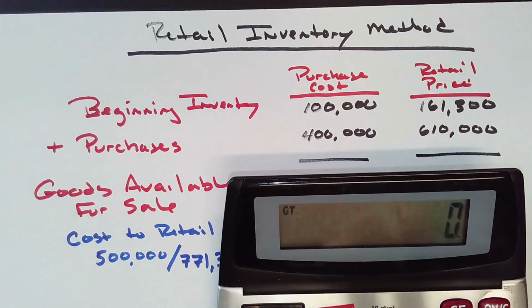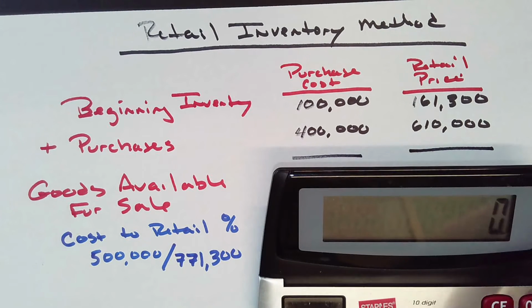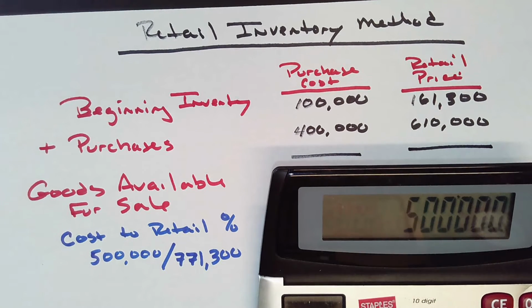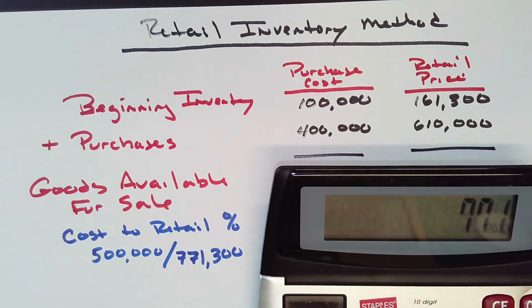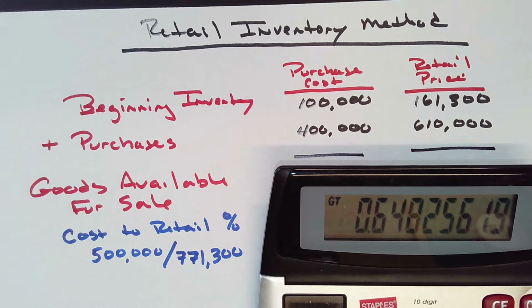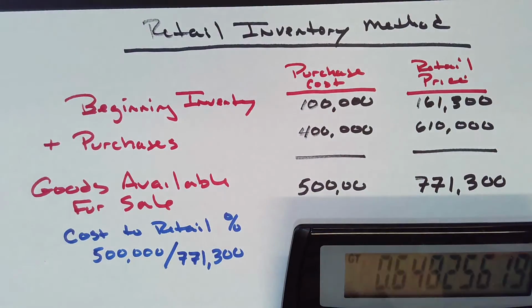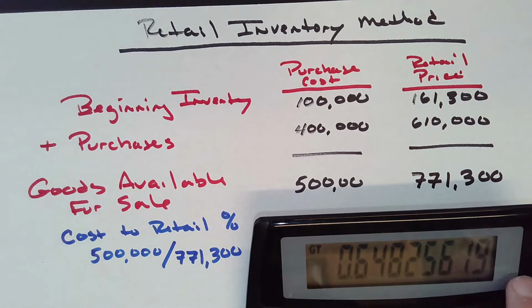So here we go. 500 divided by 771,300. That gives me 64.8%. I'm just going to round here. You might, if this is a bigger number, you may go out even further.